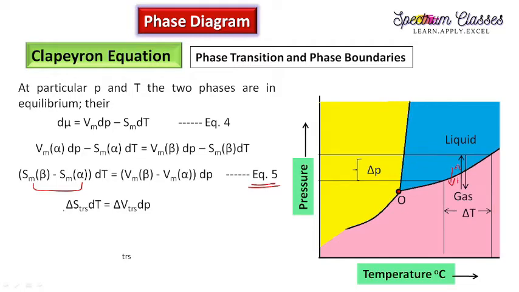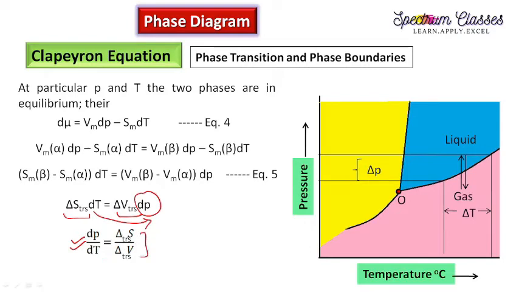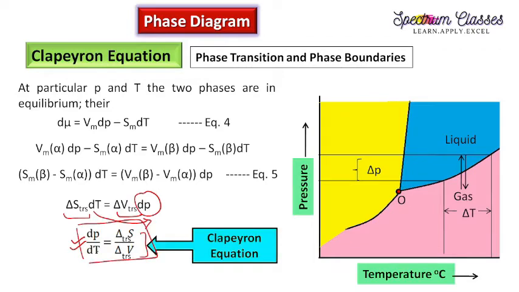So we can write delta S transition times dT equals delta V transition times dP. Now, with dP on one side, dT will be in the denominator, so dP upon dT equals delta S transition upon delta V transition. This equation is known as the Clapeyron equation, in terms of phase transition.